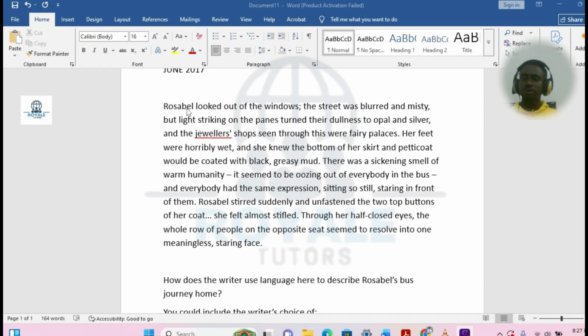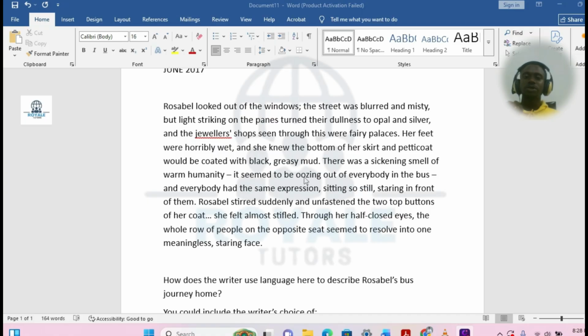Rosabelle looked out of the windows. The street was blurred and misty, but the light striking on the pans turned their dullness to pearl and silver, and the jewelry shops seen through these were fairy palaces. Her feet were horribly wet, and she knew the bottom of her skirt and petticoat would be coated with black, greasy mud. There was a sickening smell of warm humanity.